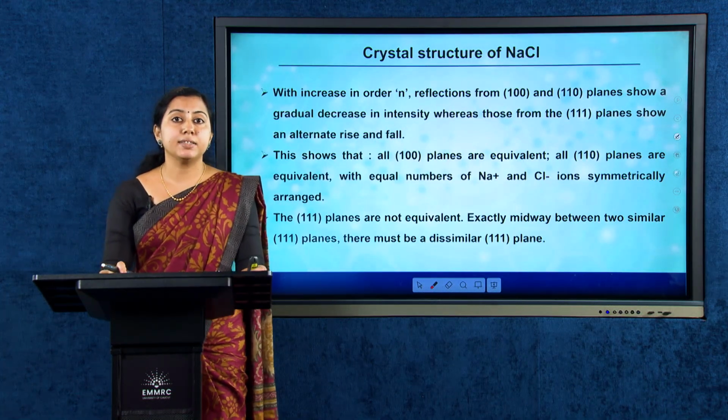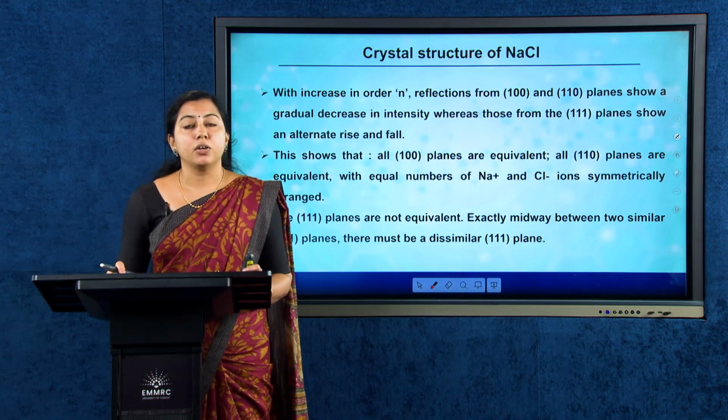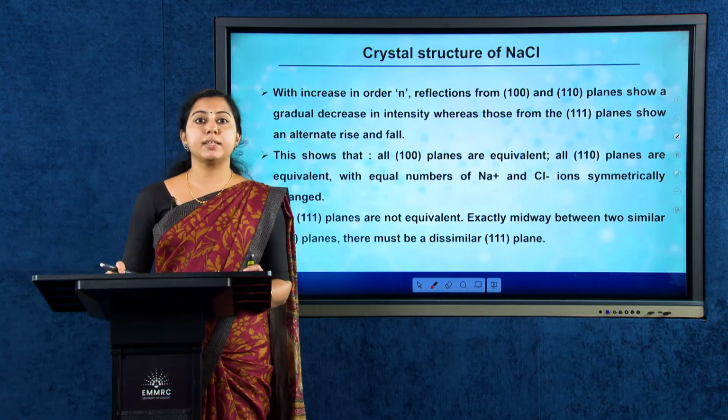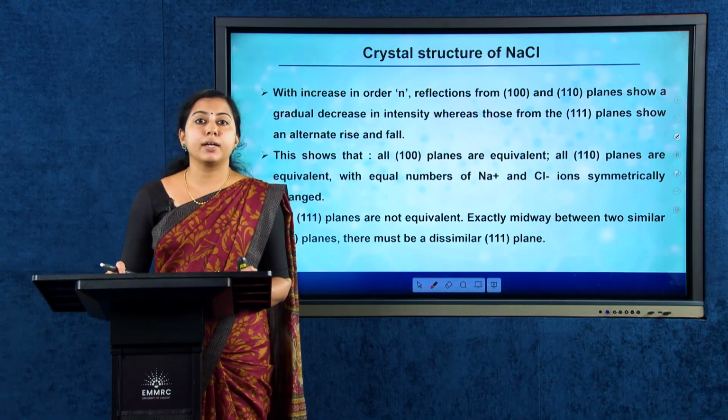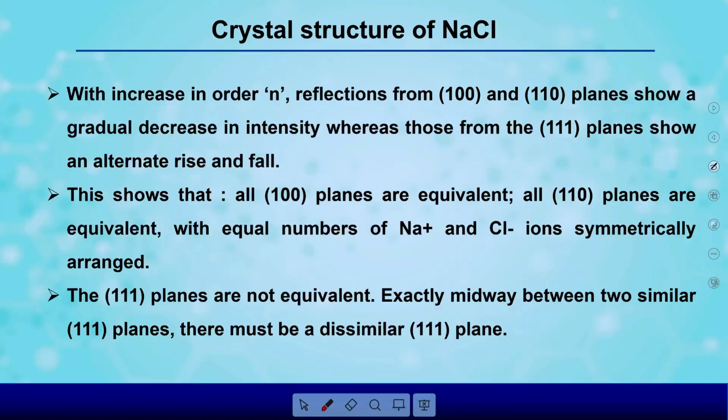Now, when we analyze the X-ray diffraction of NaCl, we can see that with increase in order n, reflections from 100 and 110 planes show a gradual decrease in intensity, whereas those from the 111 planes show an alternate rise and fall.